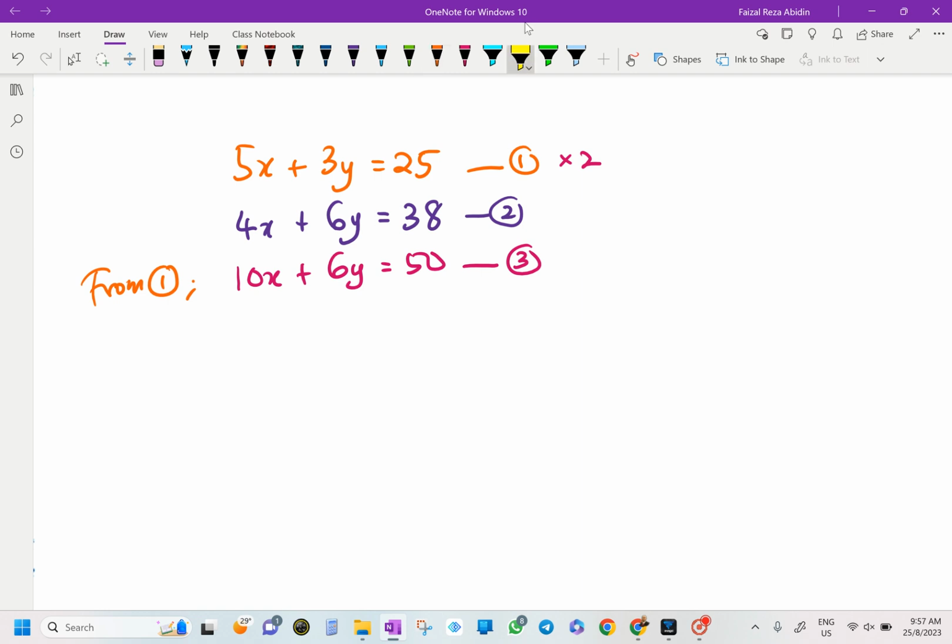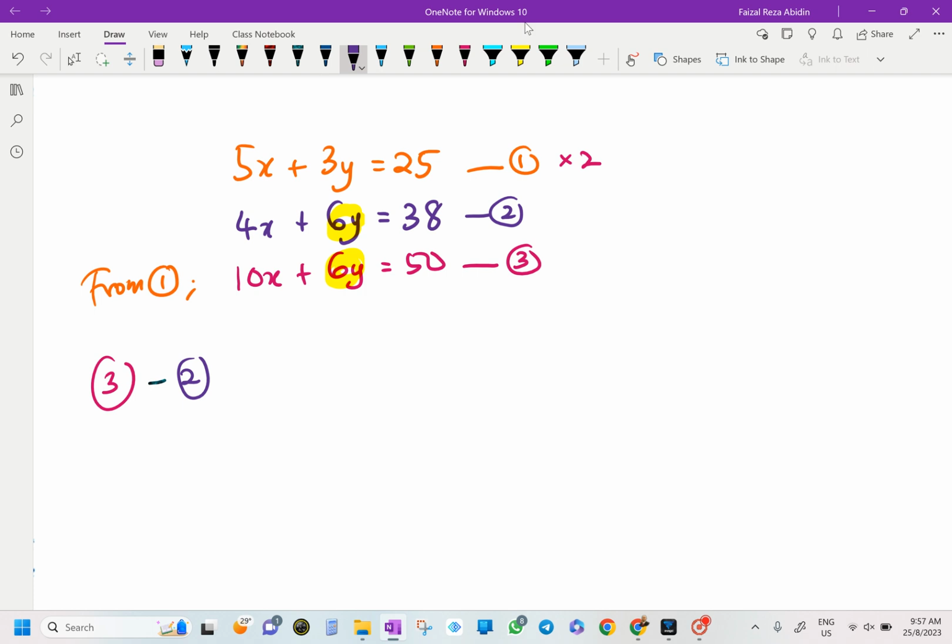It's easier because now we can eliminate y. To eliminate, of course, we are going to use minus. Equation 3 minus equation 2.